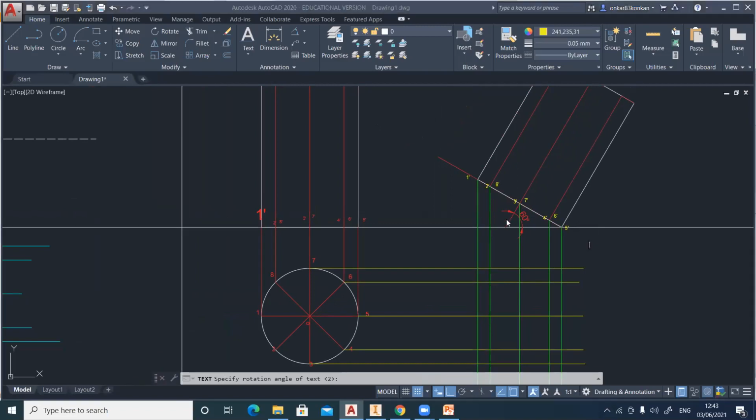Now to find out the intersecting point, just observe the projector.